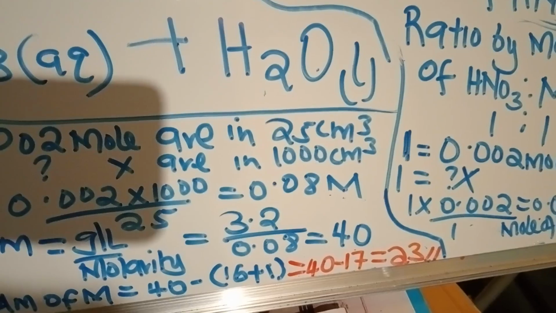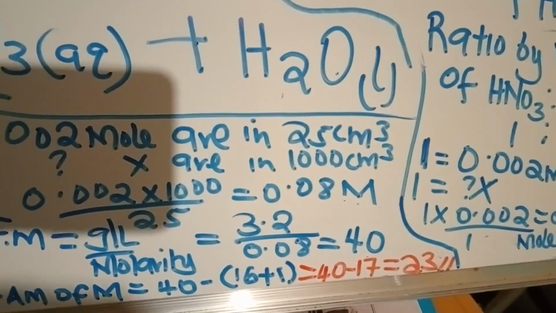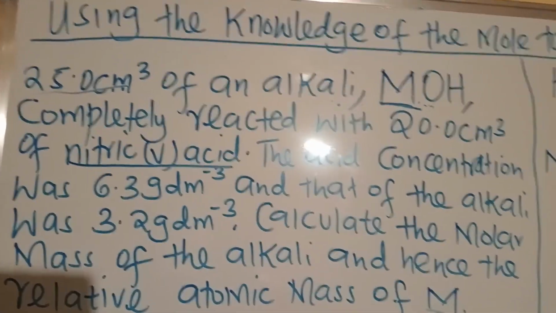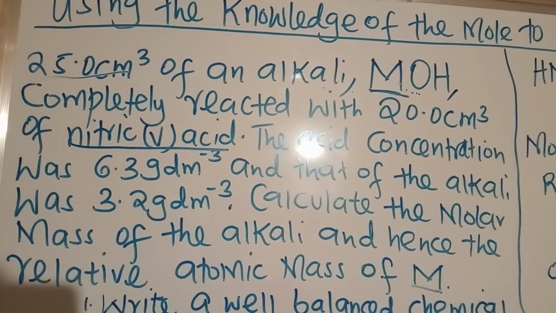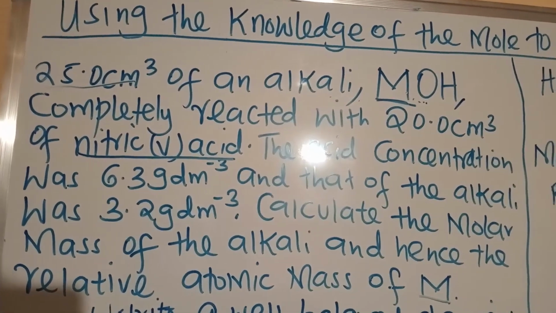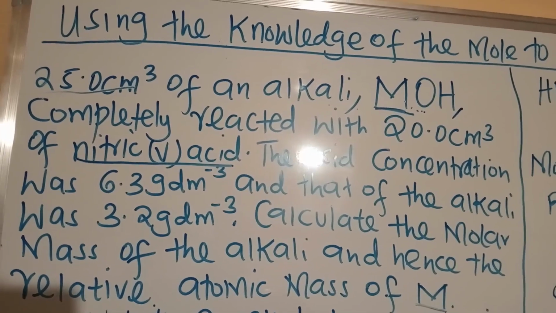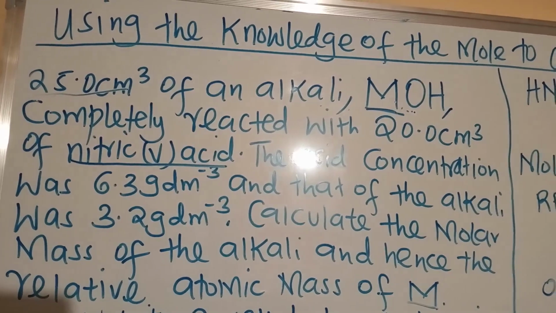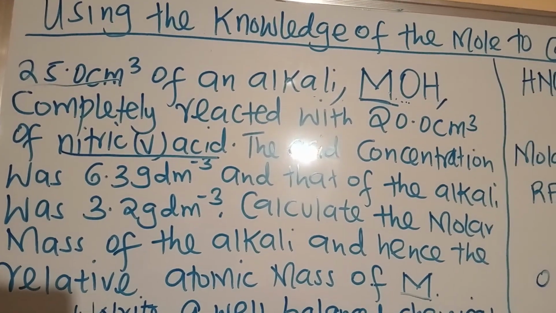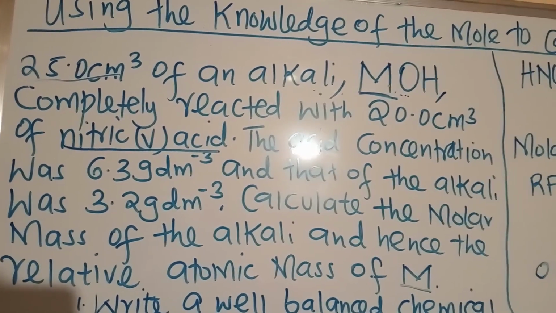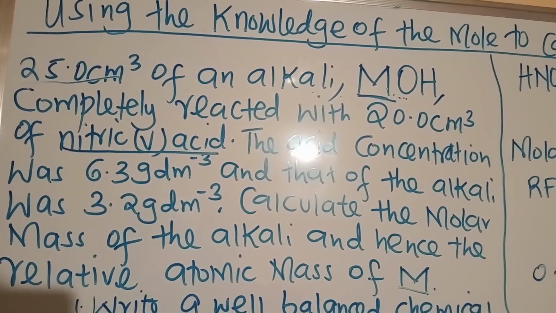So I want to leave it at that and say that just in case you didn't get the question, I will briefly read it to you. 25.0 centimeters cubed of an alkali MOH completely reacted with 20 centimeters cubed of nitric(V) acid.